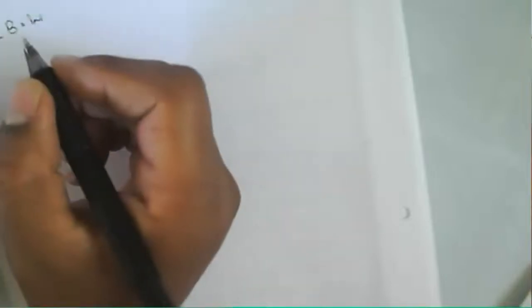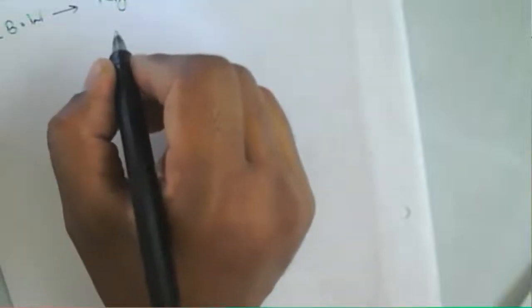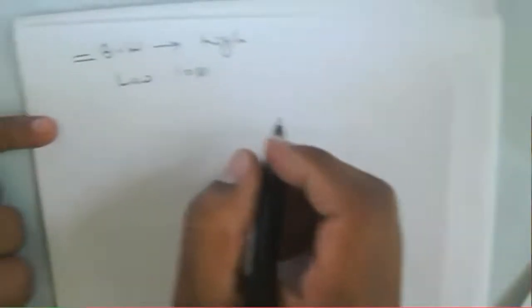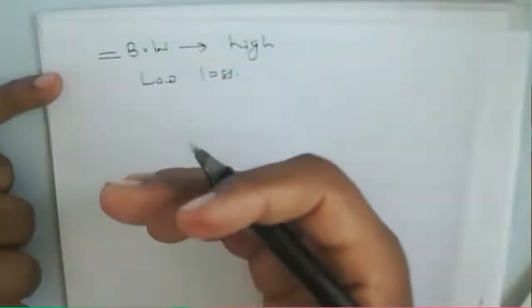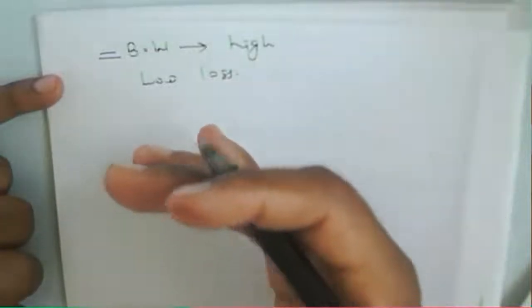So we can find out the cutoff wavelength for this particular single mode fiber. In terms of bandwidth achieved by this single mode fiber, it is high bandwidth and low loss, because only a single mode is propagating. That's why it has low loss.